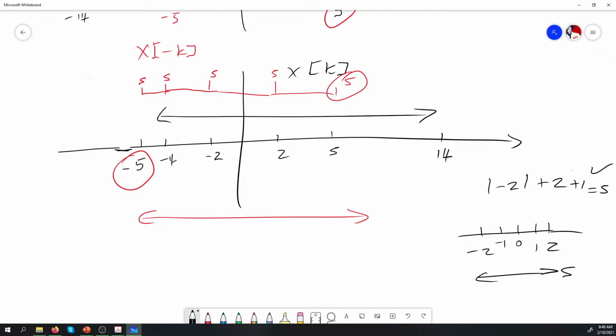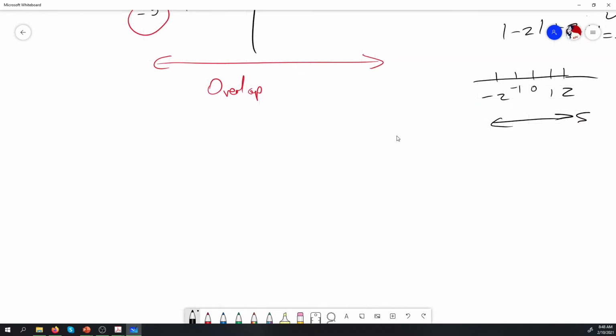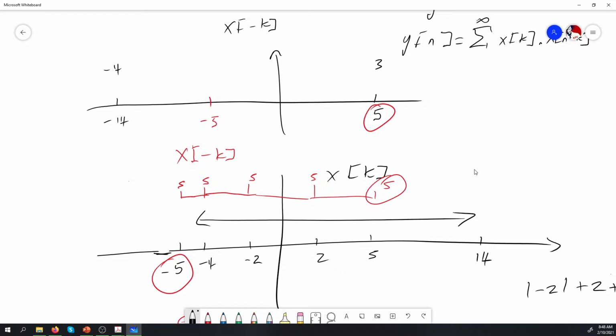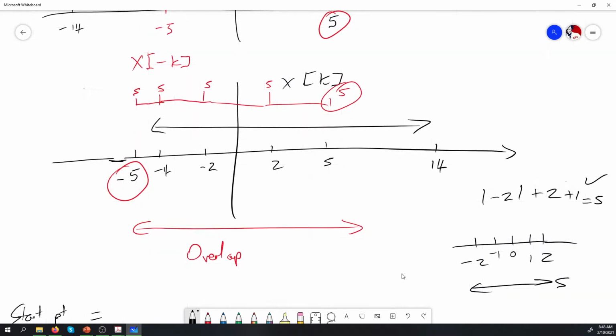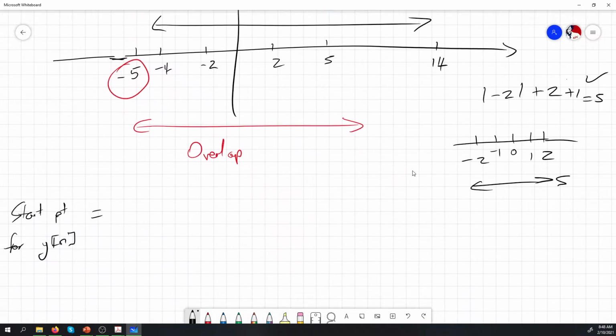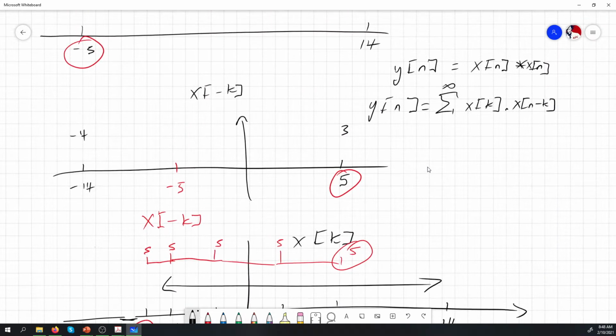So our overlap here that we're calculating for, when we need to get our start point for y of n, the equation for this is going to be the start point. Okay, let me put this in.